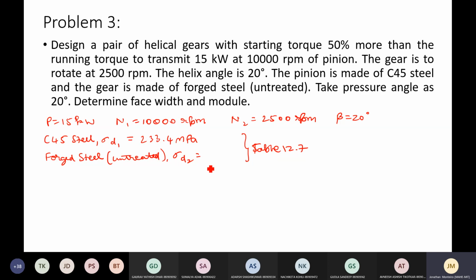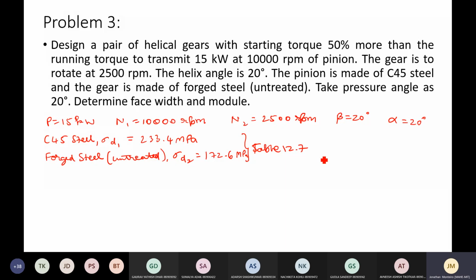Sigma D2 will be for forged steel. There are two types, so be careful which one you select. We are selecting untreated here: 172.6 megapascals. Pressure angle to be taken as 20 degrees.